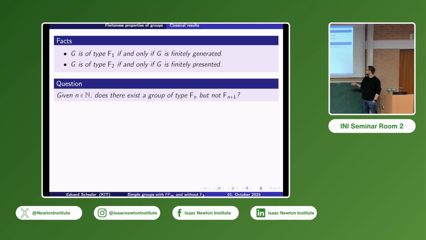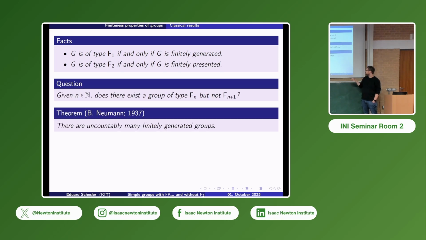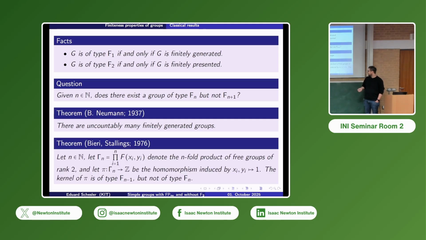For the first n, this is almost 100 years old: there are uncountably many finitely generated groups, so in particular finitely generated, not finitely presented groups exist. The first infinite series of groups separated by finiteness properties was provided by Bieri and Stallings, and until today the prototype of groups separated by finiteness properties.